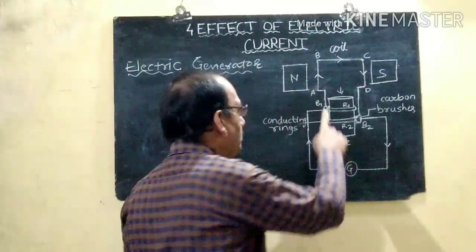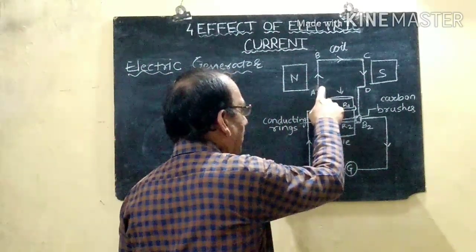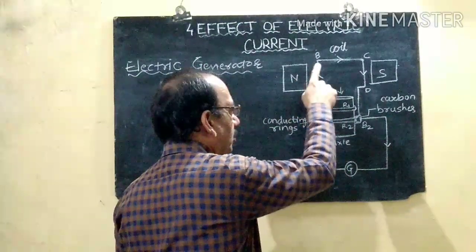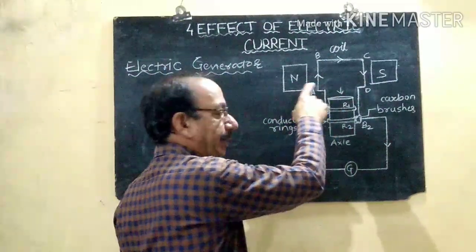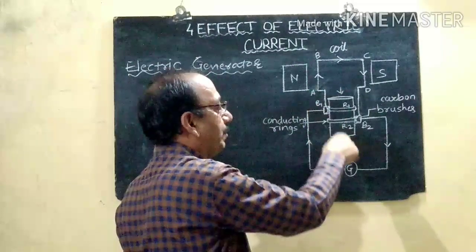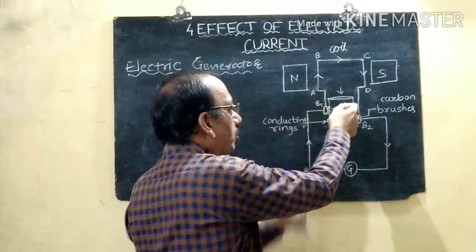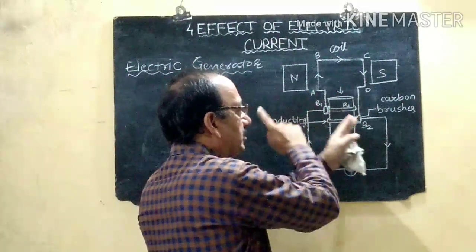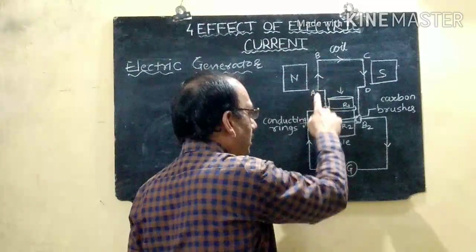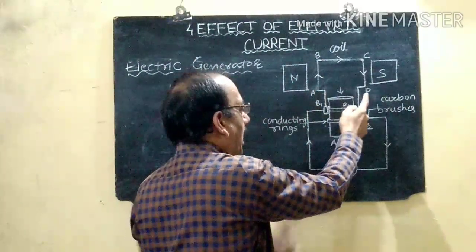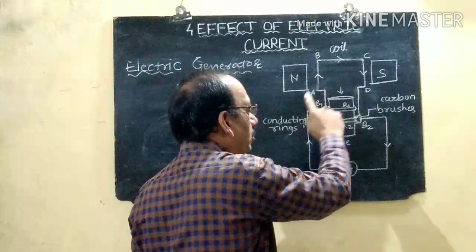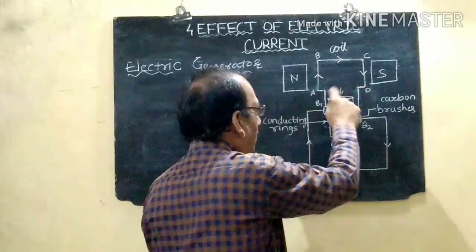You know that the direction of current is exactly perpendicular to the direction of the magnetic field, and the force produced makes this coil rotate, and the arms of this loop change places.